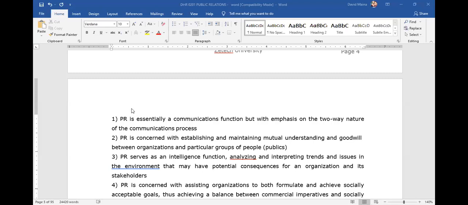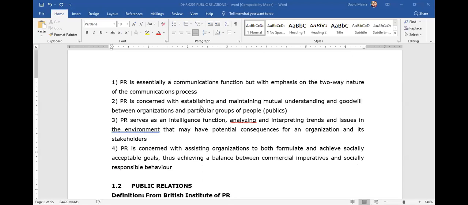You're also going to realize that PR is concerned with establishing. You have to establish and maintain a mutual understanding. Mutual understanding, we said that it is an understanding between two or more people. And goodwill. What is goodwill? Goodwill is simply a good name. So you maintain and you establish a mutual understanding and goodwill between the organization and the particular groups of people.